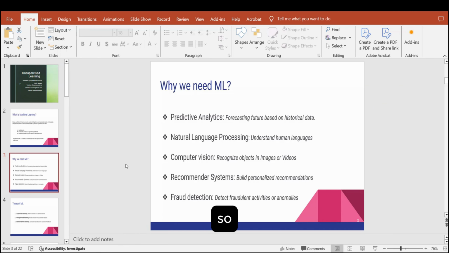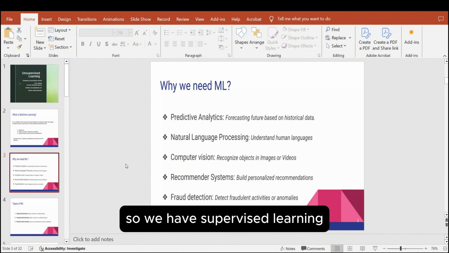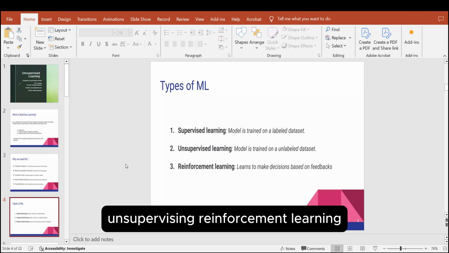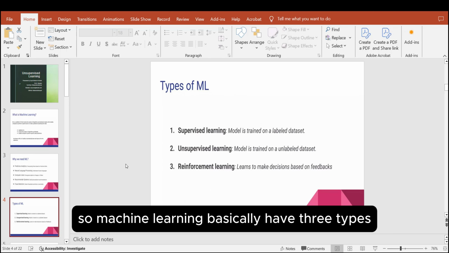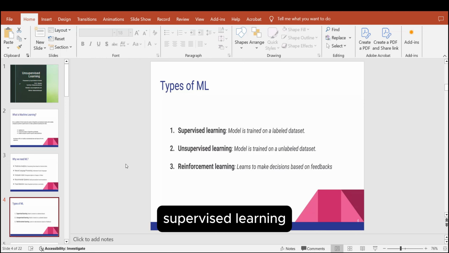We have discussed this before and we are just going to recall it. Machine learning basically has three types: supervised learning, unsupervised learning, and reinforcement learning.